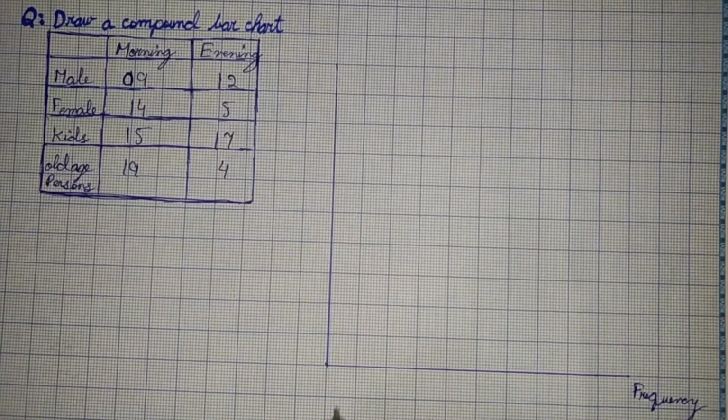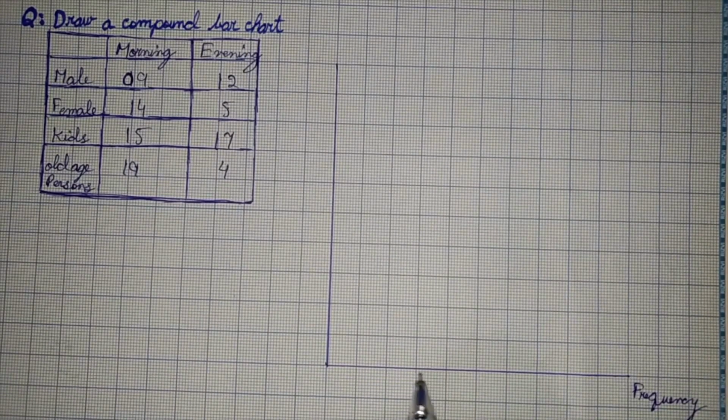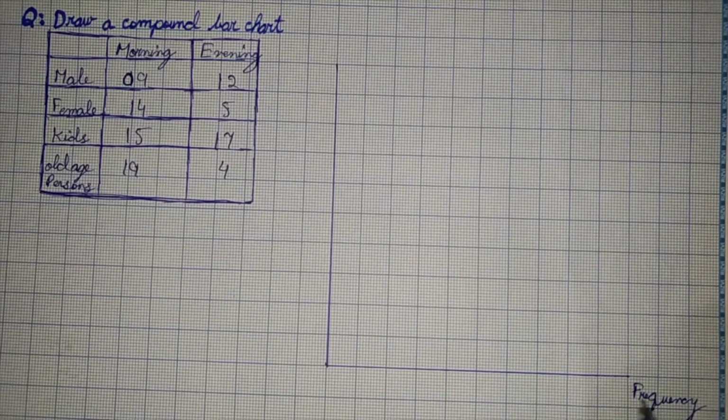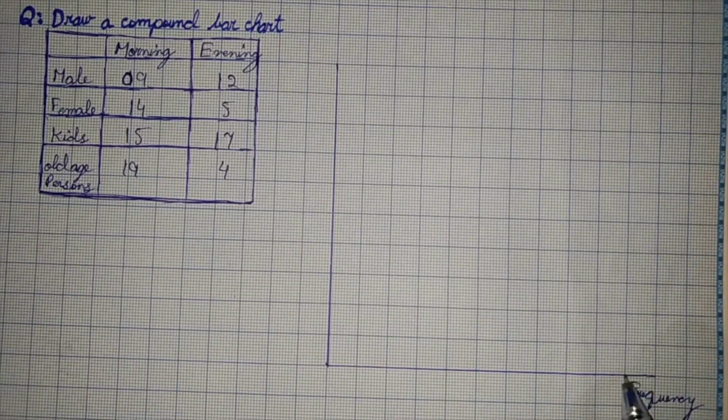If I leave a gap of 2 here, we have 2, 4, 6, 8, 10, 12, 14, 16, 18 and 20. Up to here we have 20, so we can leave a gap of 2.